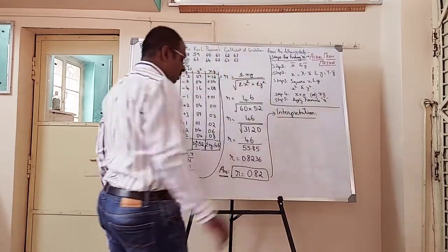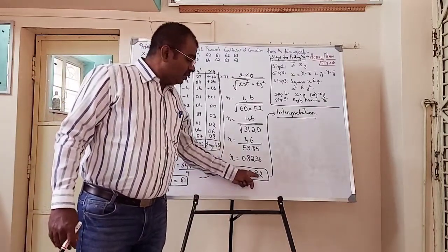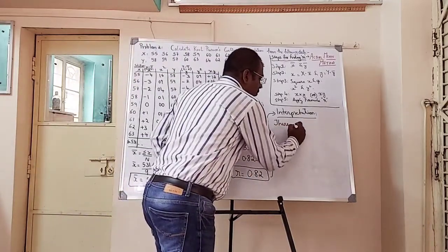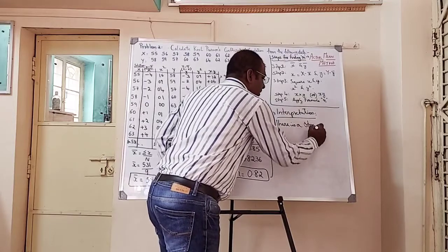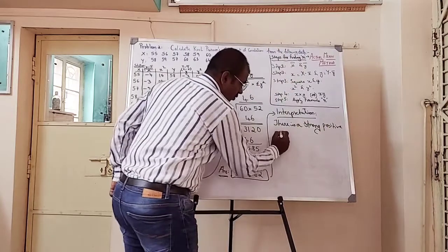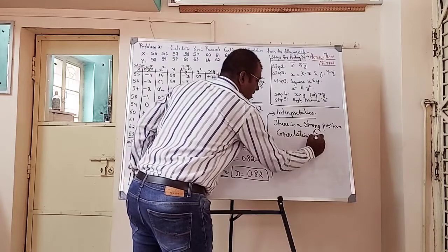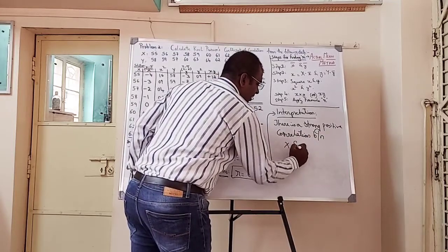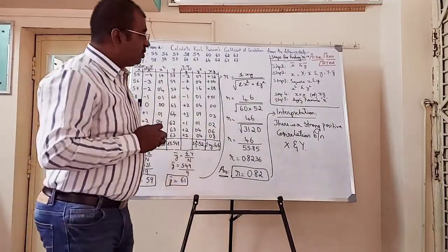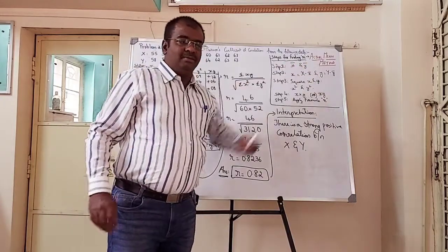That the correlation is positive and it is close to 1, which means there is a strong positive correlation between X and Y. So this is how we solve different problems under the actual mean method.